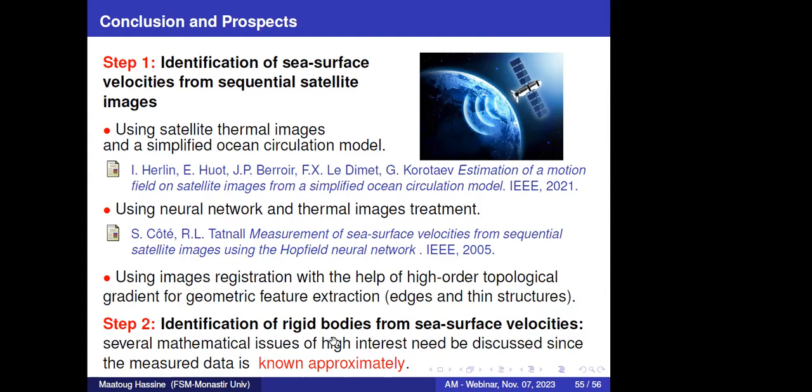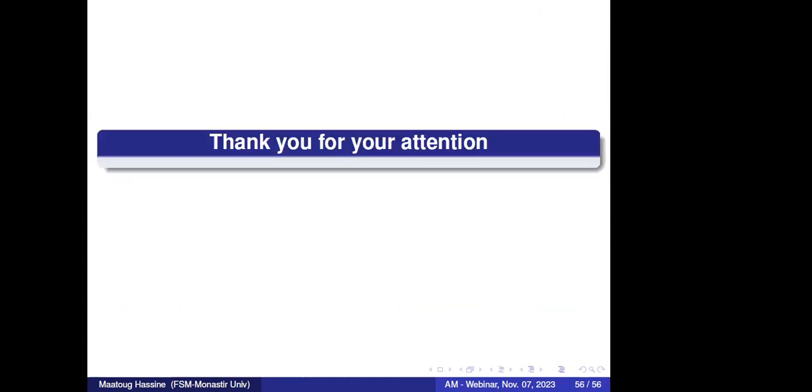Particularly, the constructed velocity in the sea surface will not be divergence free. The divergence of this velocity is not equal to 0, which poses some difficulty in the analysis. And thank you for your attention.